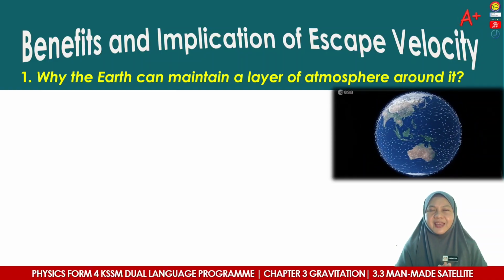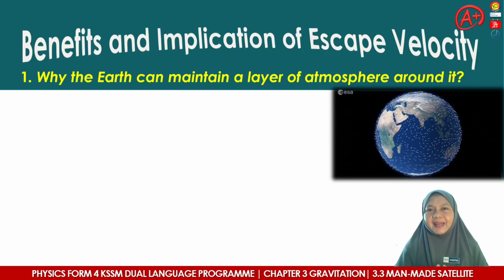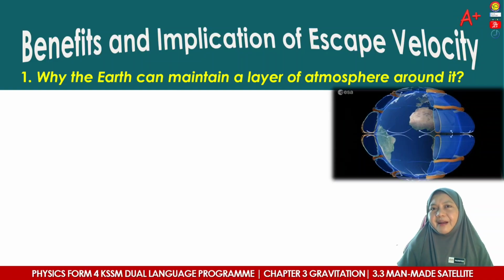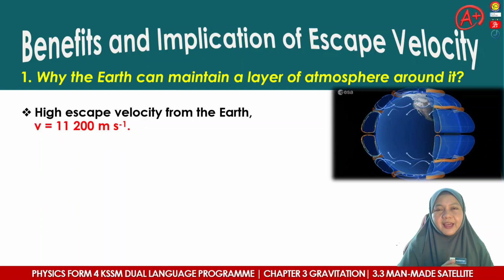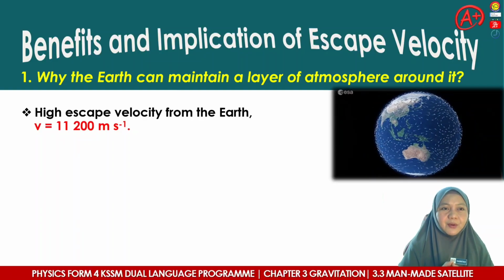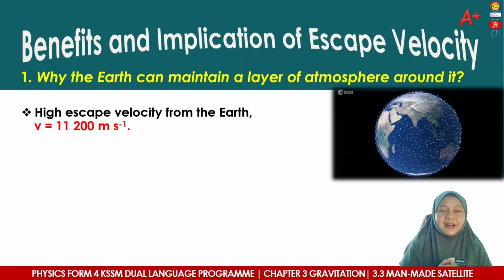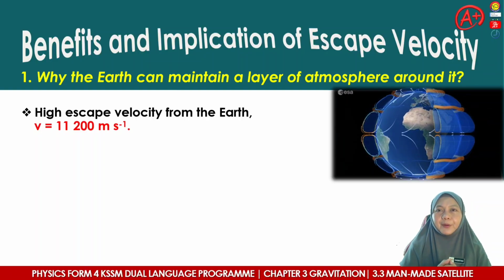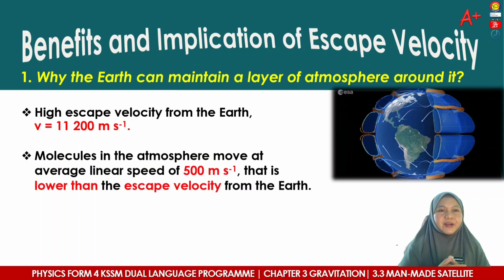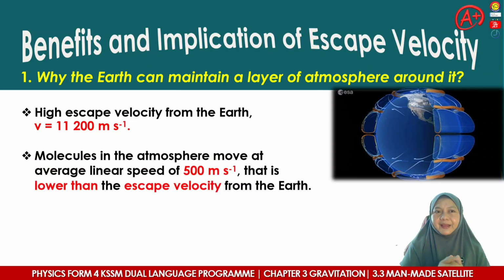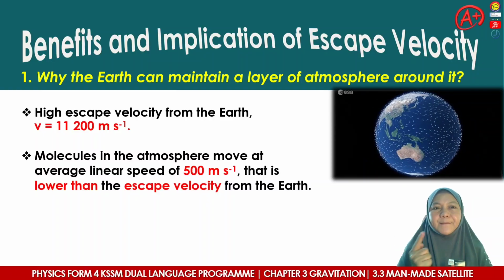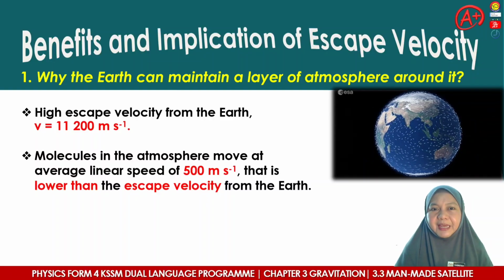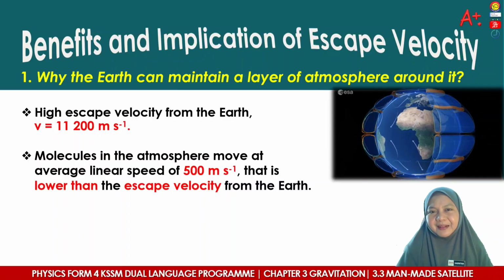Why do you think the Earth can maintain a layer of atmosphere around it? So this is the value for the escape velocity we determined just now, approximately 11,200 meters per second. If you relate this to the question, molecules in the atmosphere move at an average linear speed of 500 meters per second.